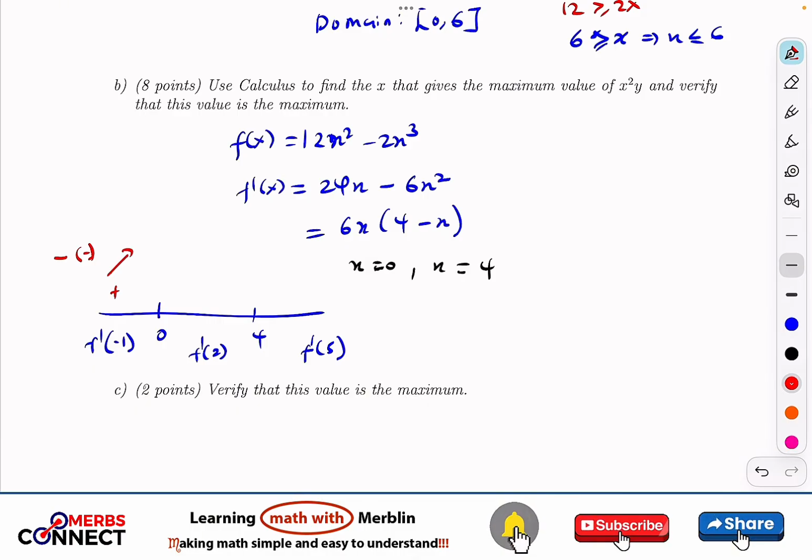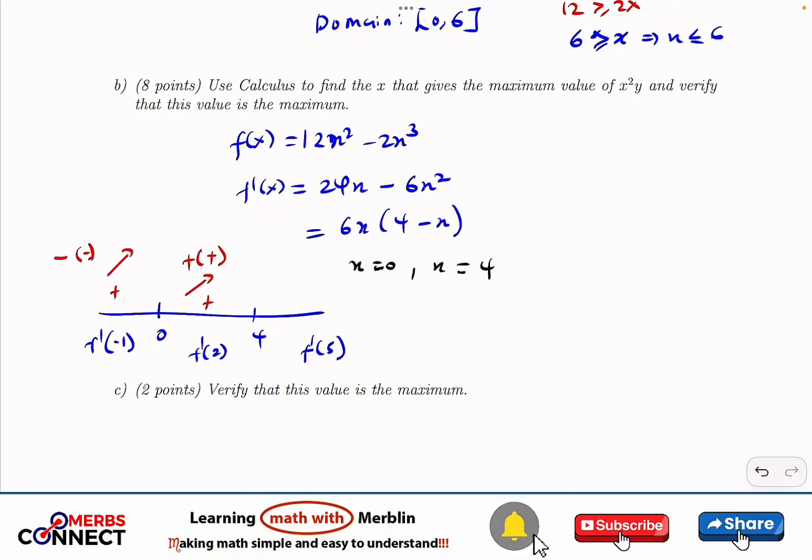Now let's look at 2. Plug in 2. 2 here will be positive. 2 here will be positive. So this is going to be positive times positive, which is positive, and this will be also increasing. And then when you plug in 5 here, it is going to make this one minus and this positive, so this is going to be minus, which will be decreasing.